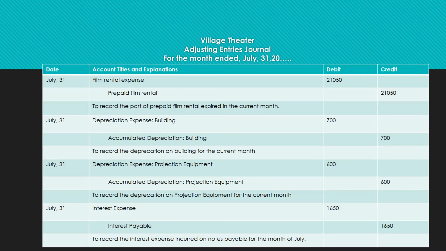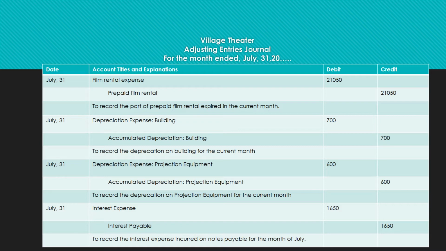The value of the building, 168,000, divided by 240 months gives the depreciation for the month of July. Or another way: the cost of the building, 168,000, divided by 20, and then the resulting value divided by 12. In this way you also get the depreciation expense for the month of July, which will be 700.